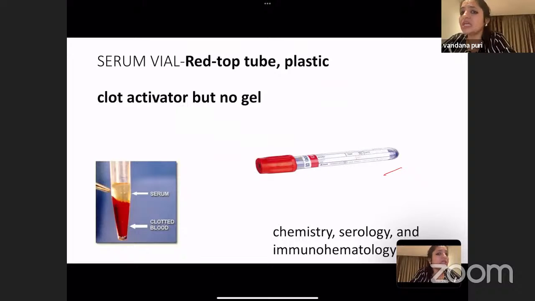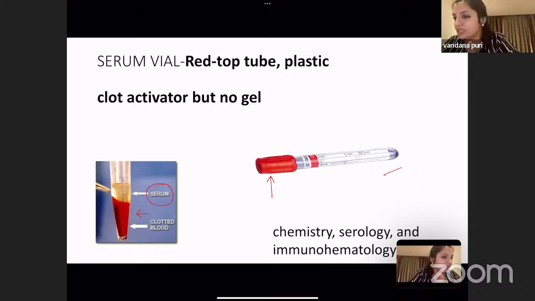Now, coming to the tubes which do not have any anticoagulant, these are serum tubes. The first tube that we come to is a red topped vacutainer. This vacutainer has the clot activator, and this was again a question which many students get wrong again and again. It has a clot activator so that it helps in making the clot quickly. Once the blood is clotted, what remains is the serum.